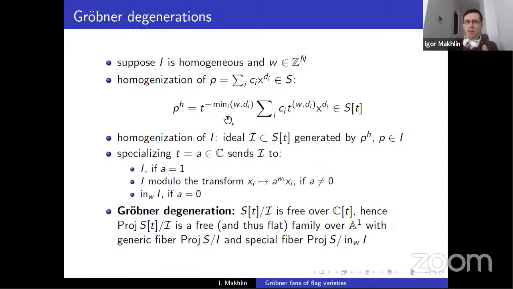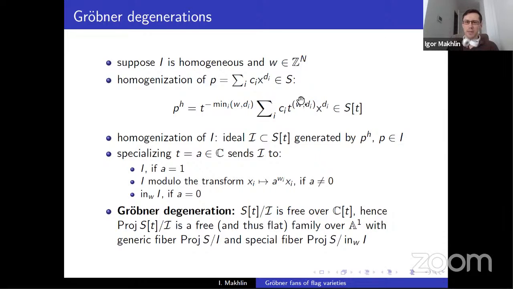It's a polynomial where we added one additional variable t. What you do is you multiply every monomial in our polynomial by t to the power equal to the grading of this monomial. Again, this scalar product, which is the grading of the monomial x to the power d_i.